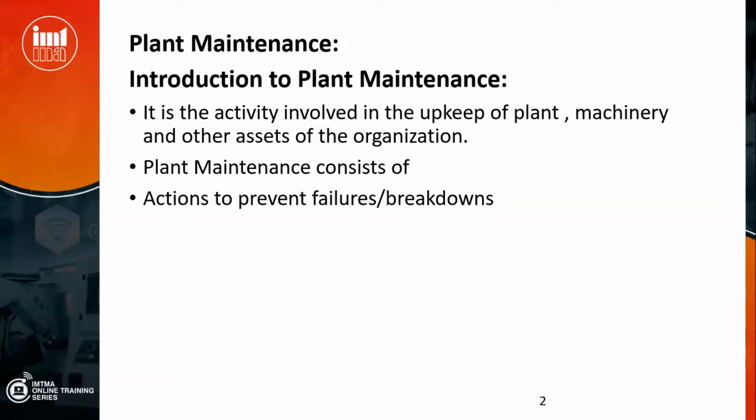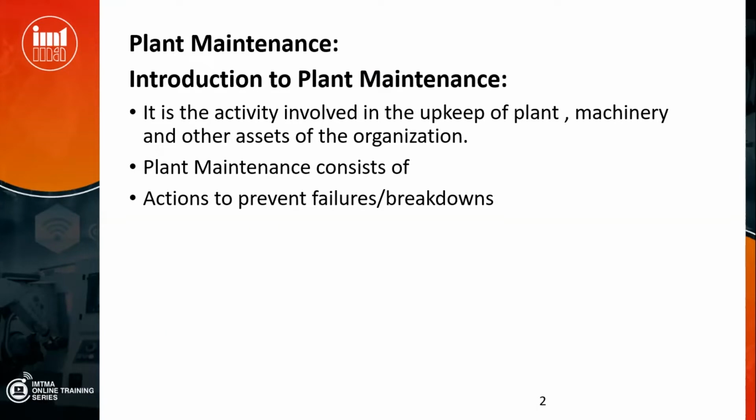The idea is to see that the plant, machinery, or any support equipment which is contributing to the final goal of the industry should be kept so that it is working continuously, giving output at the required level, required quality, and safely also. So it is the activity involved in the upkeep of plant, machinery, and other assets.